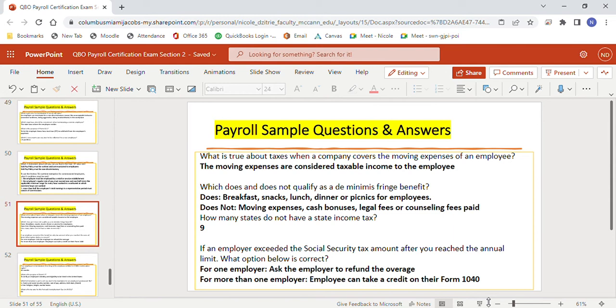So they can just simply give you the money back and deduct it from their payment. But if you have more than one employer, so you have 2 employers, so they're both liable, then the employee would not ask their employer, and they would take a credit on their 1040 for that overage. They would get a credit for that.